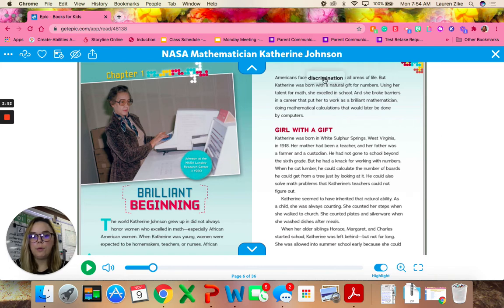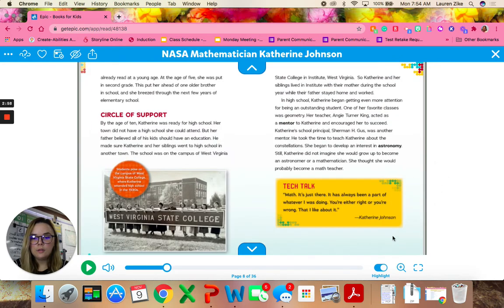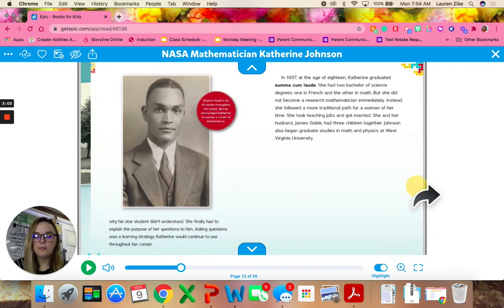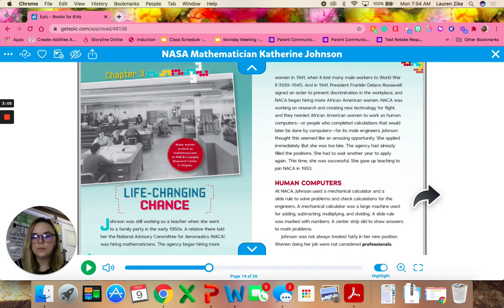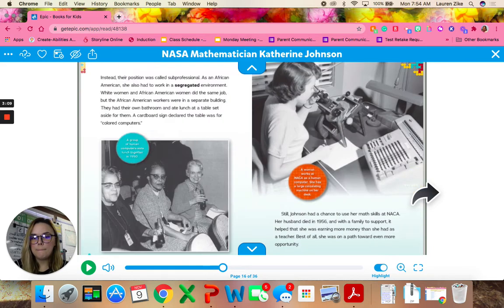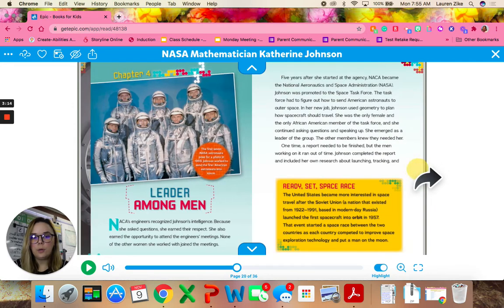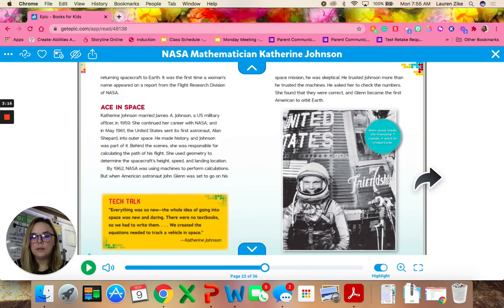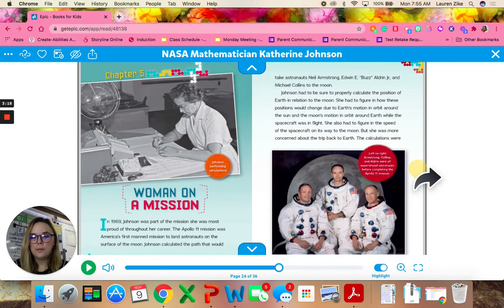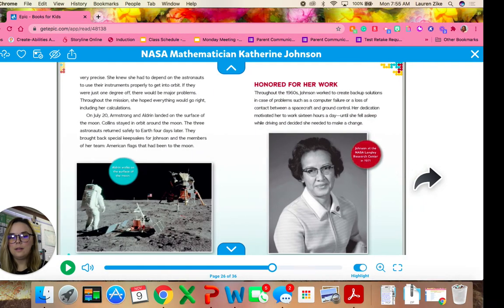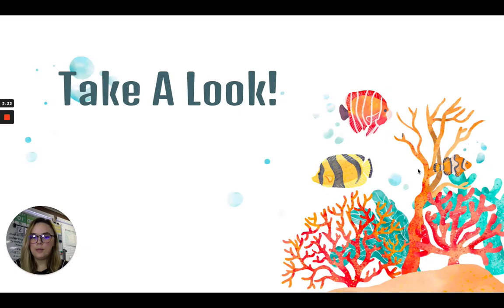We have some bolded words, some bolded text, some important words, some quotes. We have more photos, more photos. Notice that all of these photos have a little caption on them. Some more quotes.